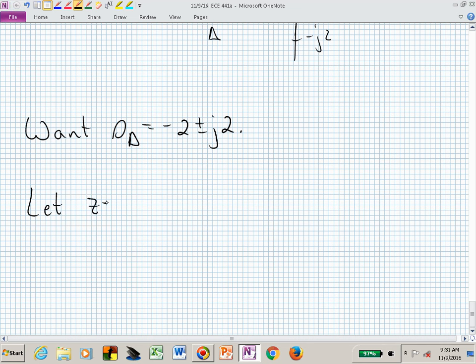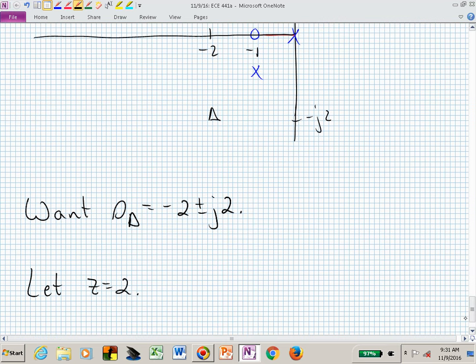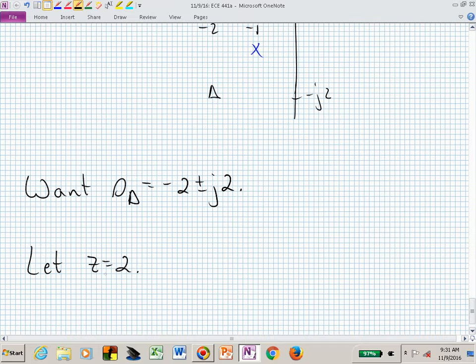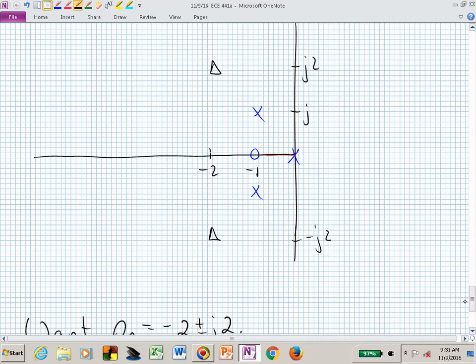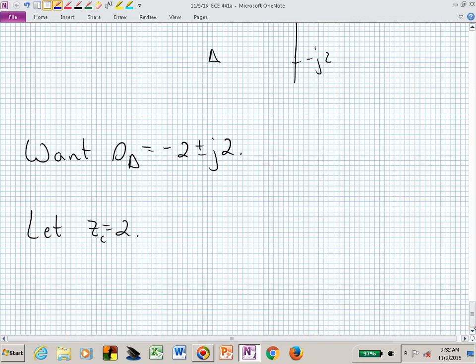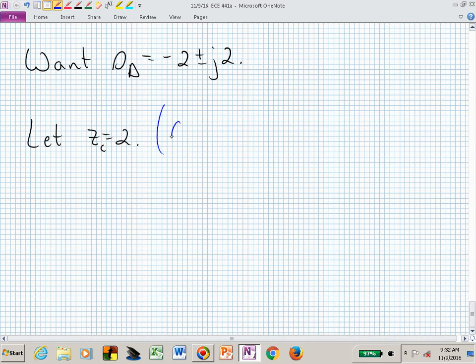Let's just say that to simplify things, let's make a judicious choice of locating our controller zero at minus 2. So that now I'm placing a controller zero right there at minus 2. I know that that's going to help pull the root locus to the left, further into the left half plane. And that's really just one strategy that is suggested in the textbook.